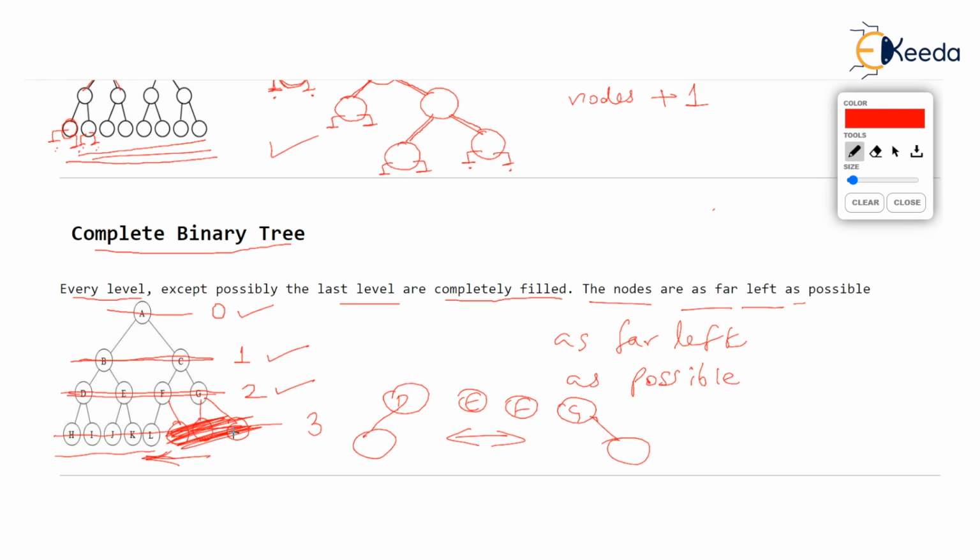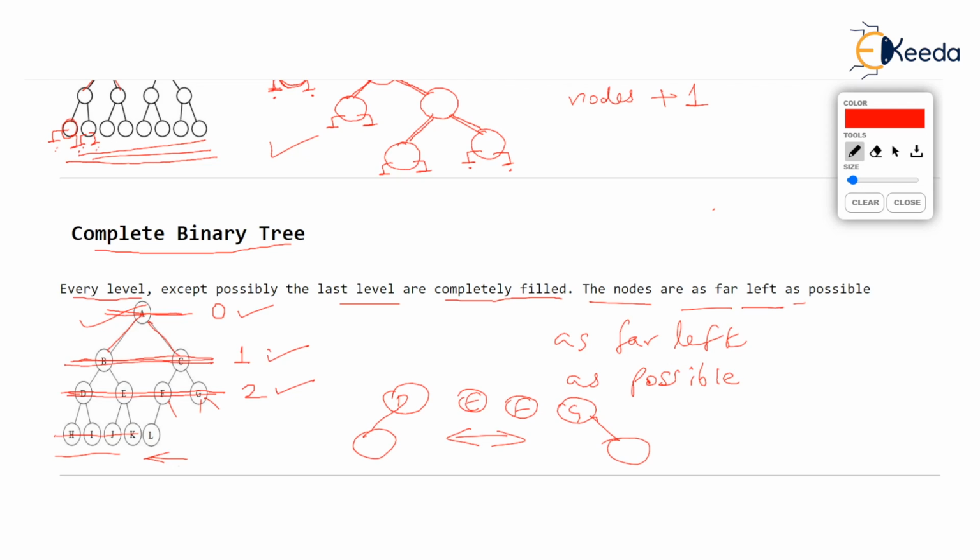Let's check it out again. What is a complete binary tree? Complete binary tree is a binary tree in which all levels except the last level are completely filled and the nodes are as far left as possible. So on level 0 there can be only one node, it is filled. On level 1 there can be only two nodes and both nodes exist, so it is completely filled.